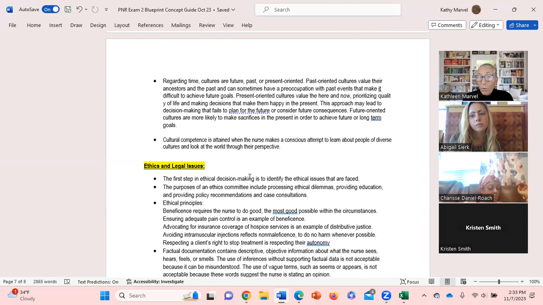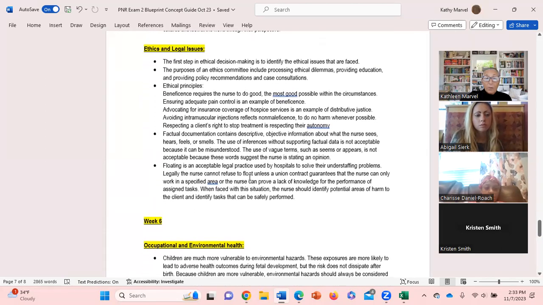And if you're in a future oriented culture, you're more likely to make sacrifices in the present in order to achieve your long-term future goals. And because this is cultural competence, we have to be able to recognize what the main cultures are that are past, present, and future. Okay.